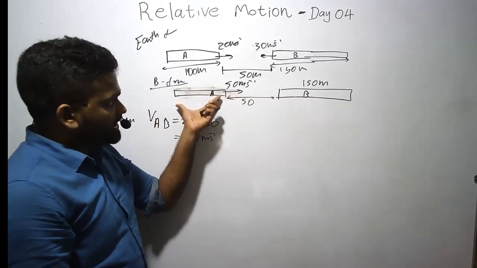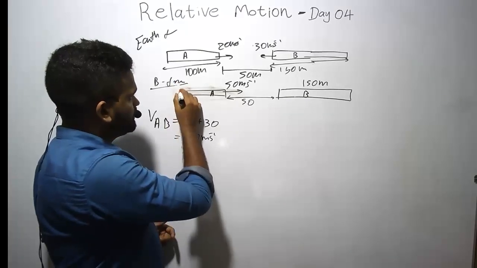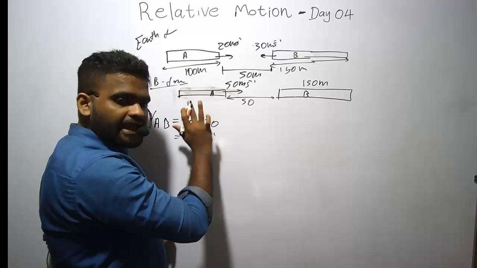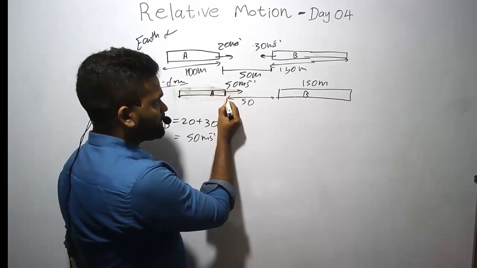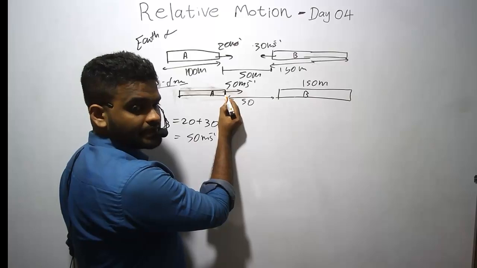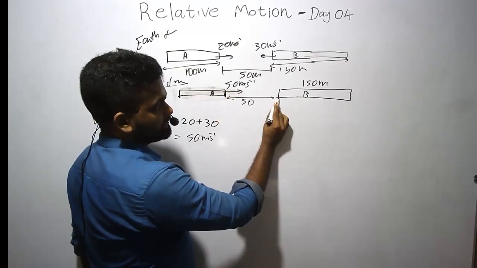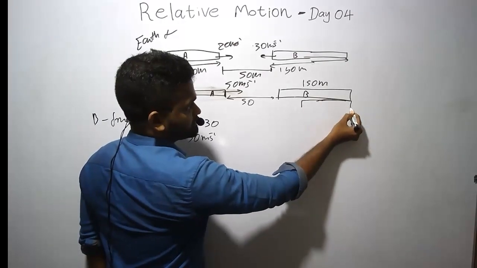So in order to pass train B, you have to think how much distance A has to move. Only A has to move. First think about the front of A. It has to do 50 meters, then another 150 meters. So the arrangement would be like this.